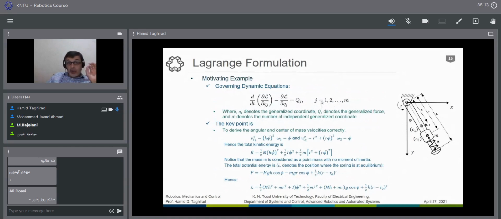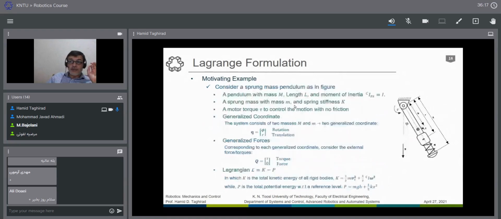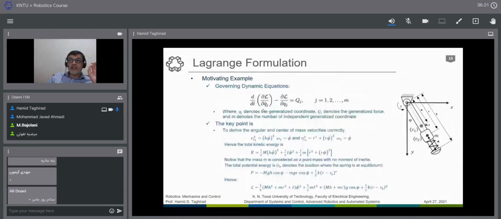For each Qi, where Q is basically the generalized coordinate that we have, we first get a partial derivative with respect to Q dot i, and then differentiate it with respect to time. First partial differentiation, and then absolute differentiation with respect to time. And also minus the partial differentiation of L with respect to Q.